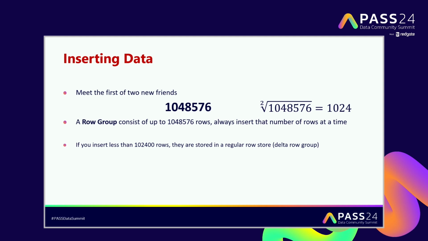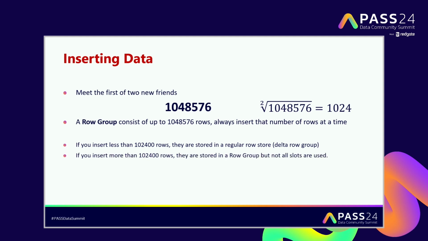So you insert 1 row, 2 rows, 3 rows, 4 rows. The most horrible thing is, SQL Server says, oops, that's not really for Columnstore. That's way too little data. Let's create a regular table in the background and stuff the data there. And then we can union that to the rest every time we query it, which of course is not efficient at all.